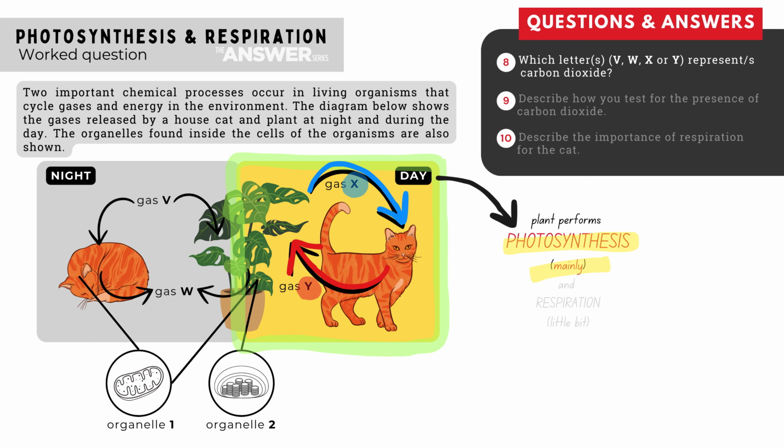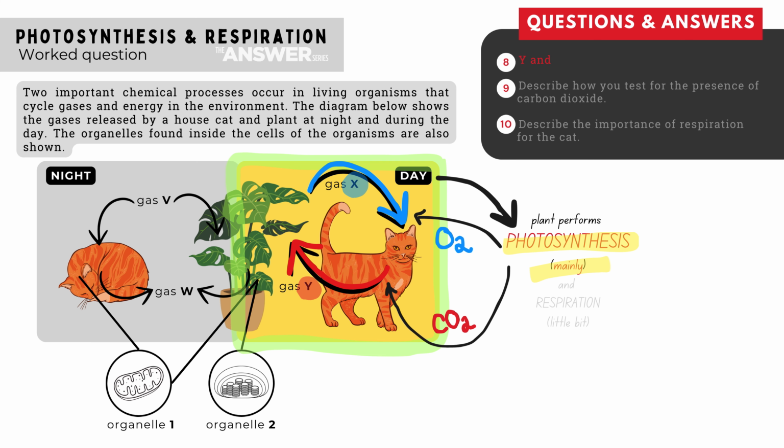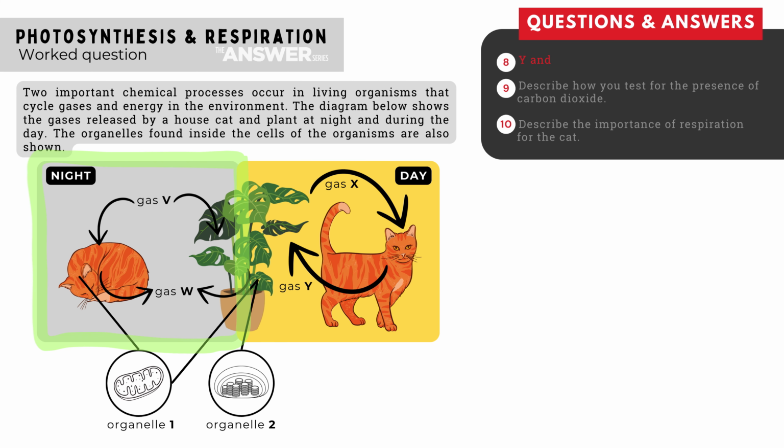So when you're approaching exam questions, focus on the fact that in the daytime, the plant will mainly photosynthesize. That's the idea here. So with photosynthesis, a plant uses carbon dioxide, and the cat, on the other hand, is only doing respiration, so it's going to produce carbon dioxide. So Y is definitely carbon dioxide. Now, if we look at the night side, we see that during the night, the cat and the plant are absorbing gas V and producing gas W. Now, both of these organisms are only performing respiration at night.